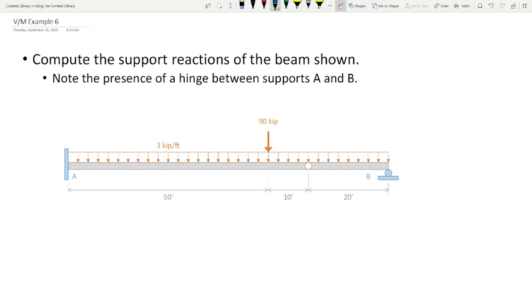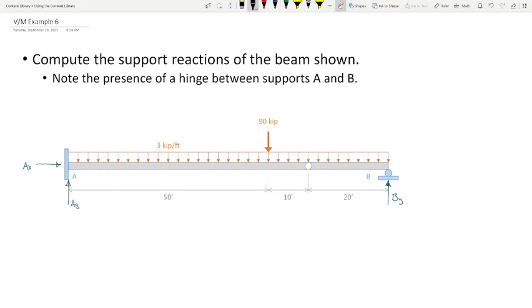So we have a vertical reaction here. We'll call it AY. And for the sake of discussion, I'm going to assume that all of my vertical reactions are acting upwards. So we'll call that BY. I'm going to have a horizontal reaction here, we're going to call it AX. But what is that horizontal reaction going to be? 0, right?